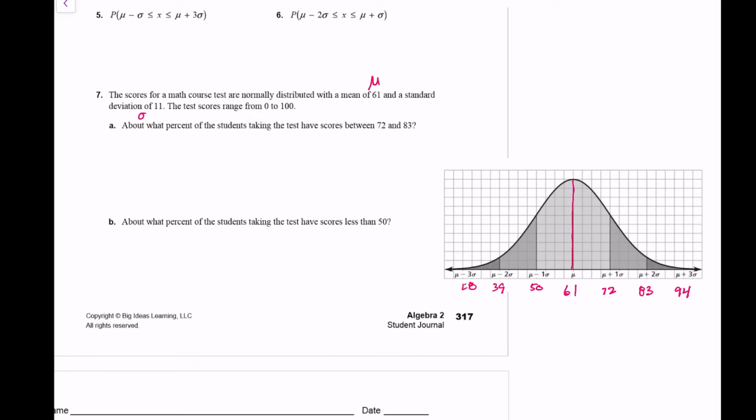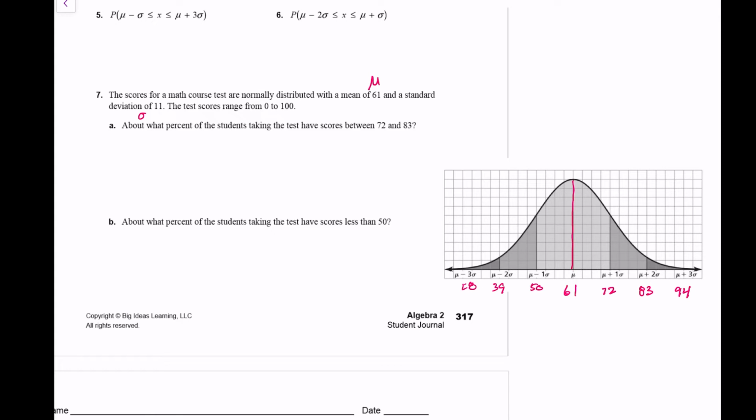So now we have our data split based off of our mean and standard deviation for test scores ranging from 0 to 100. So part A asks what percentage of the students taking the test have a score between 72 and 83?